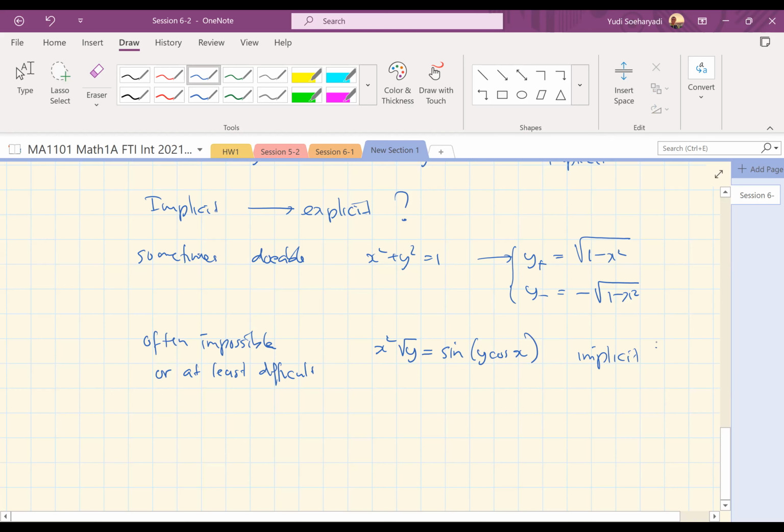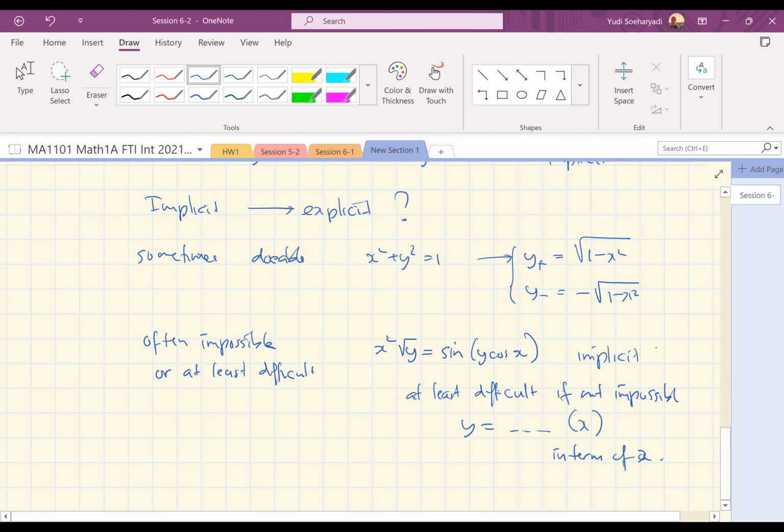But is it possible to make the expression explicit? Well, I don't know, but I guess it would be difficult. It's not impossible. y equals something in terms of x.